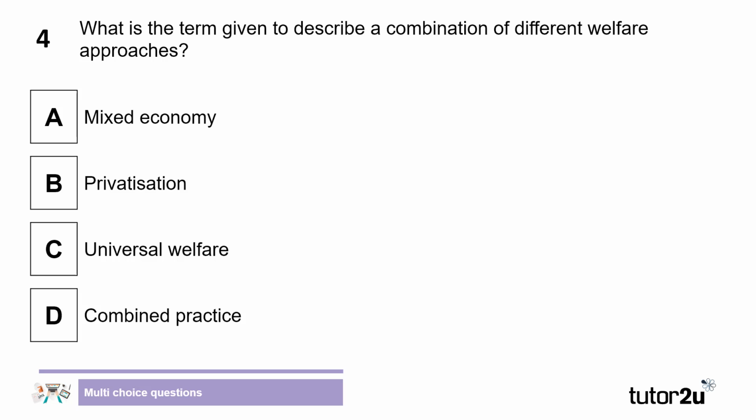Question number 4. What is the term given to describe a combination of different welfare approaches? Is it A, a mixed economy, B, privatisation, C, universal welfare, or D, combined practice?